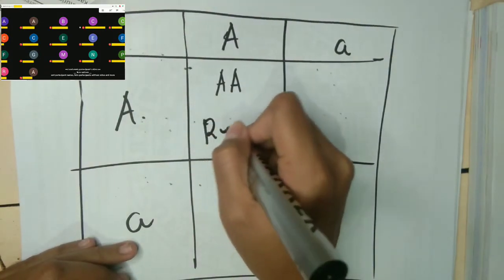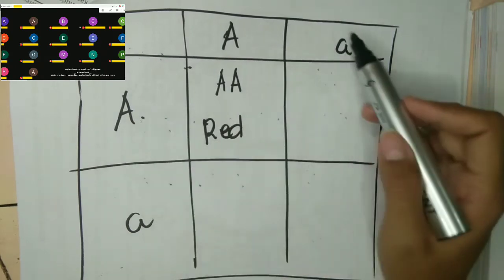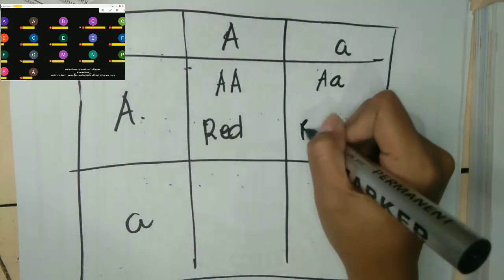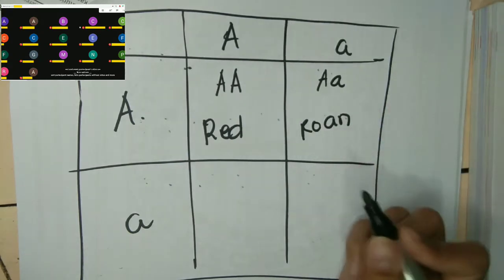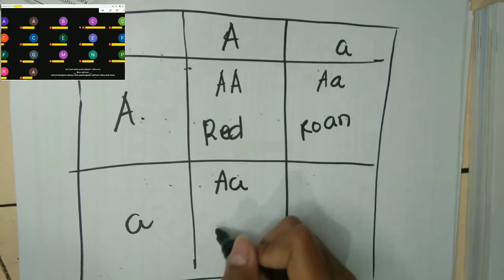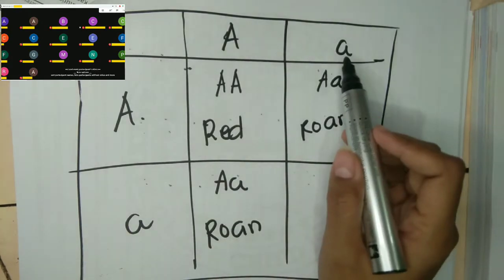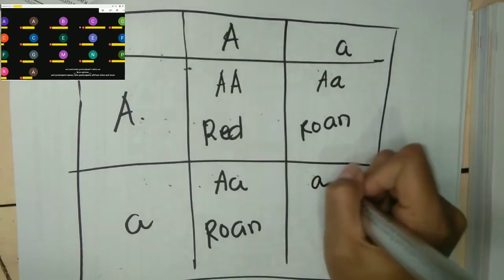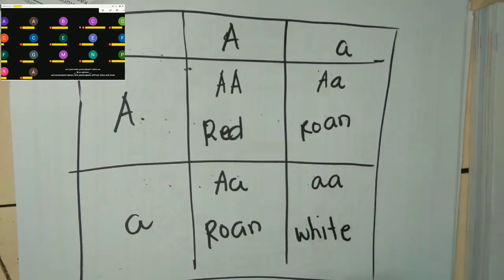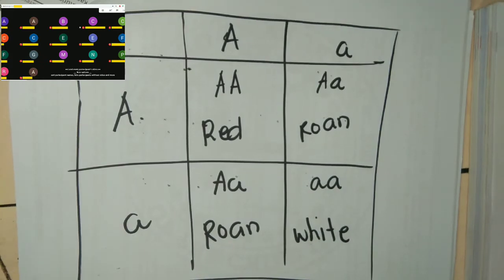Okay, very good. Okay, let's proceed to the second cross. We have capital letter A and small letter A. We have roan. Very good. Third one is roan again because of its traits. And lastly, we have the small double letter A. We have the outcome of white cow.